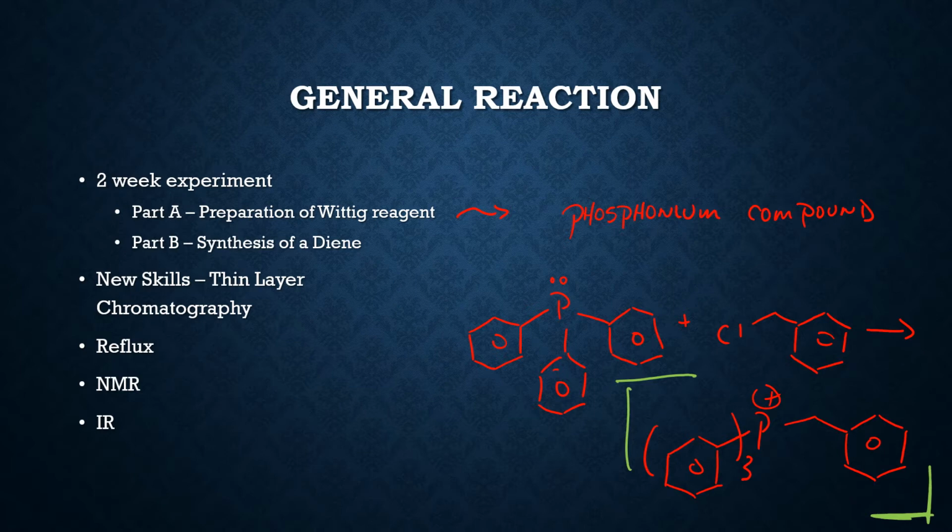And we can use that qualitative analysis to see how far along our reaction is, meaning is the reaction complete or not, or how many different things we have to purify or separate to get our compound out of a reaction. We'll talk about how to prepare thin layer chromatography and how to analyze it. Reinforced skills that we'll be using are how to set up a reflux, and as usual, NMR and IR to analyze our data at the end of it.